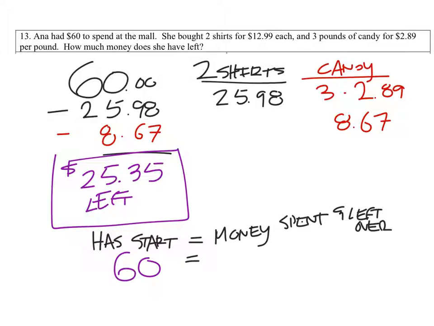This should equal the money she spent, that was 2 shirts, so 2 times $12.99 for each shirt. And then in addition to these, she also bought 3 pounds of candy at $2.89 each. And then if we add this to how much money she had left over, then we can solve it.